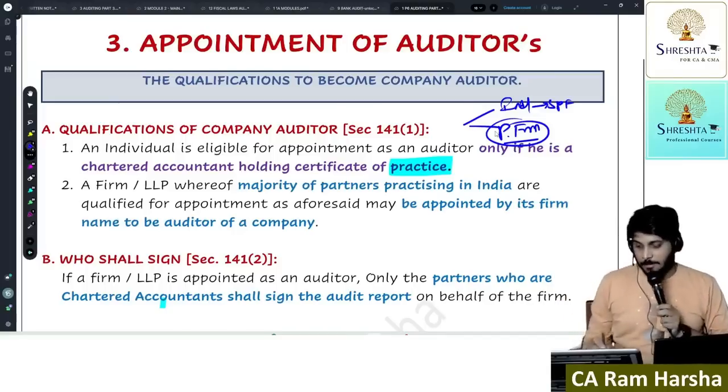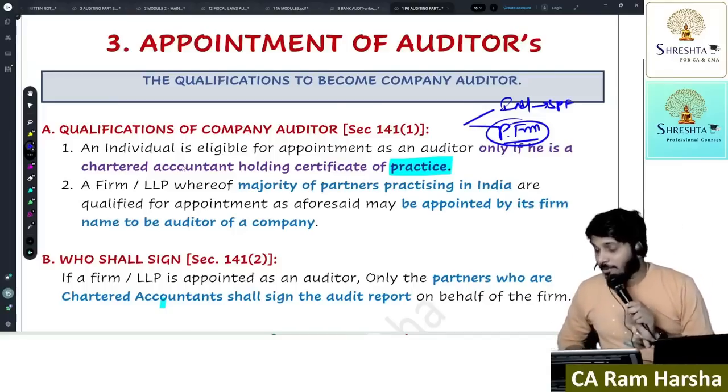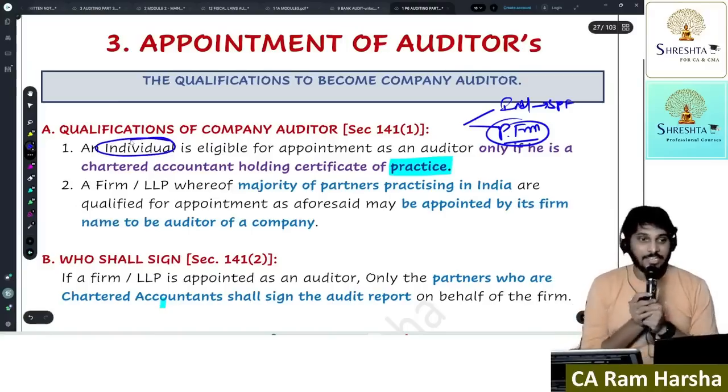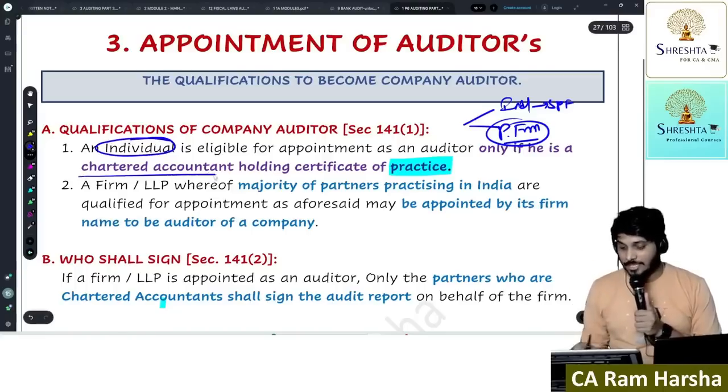Getting it? Next up. So now for a company, who can be appointed as an auditor? A sole proprietor, an individual, can be appointed as an auditor provided he is a chartered accountant holding a certificate of practice, or a firm. A firm means actually what?